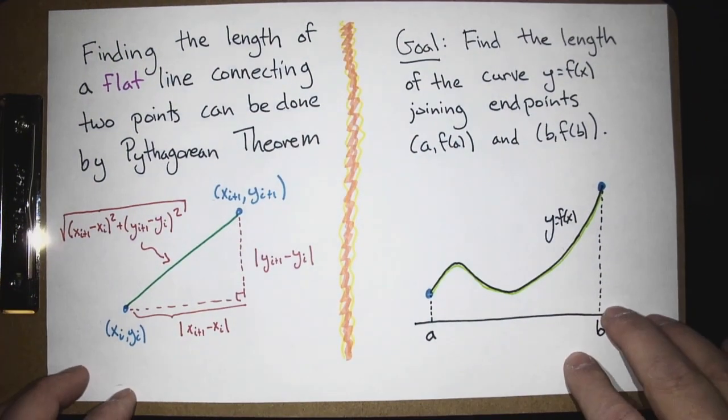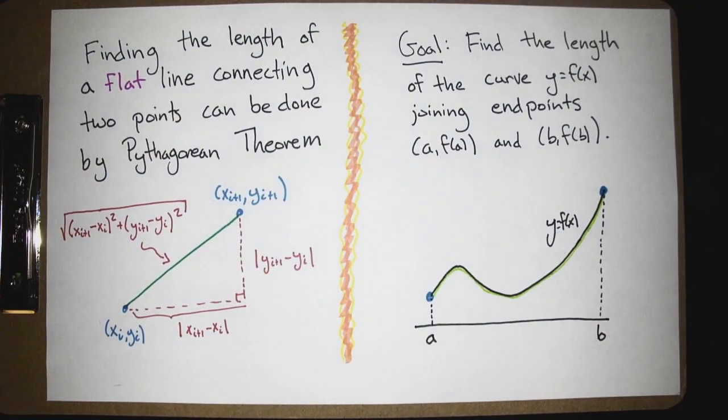So, we want to find the length of a curve. Now, when we're trying to find a total using integration, we start by saying, well, what's something we can handle? Something that we can handle is a straight line segment. We're really good at straight line segments, because they're flat, and we are really great at flat things.